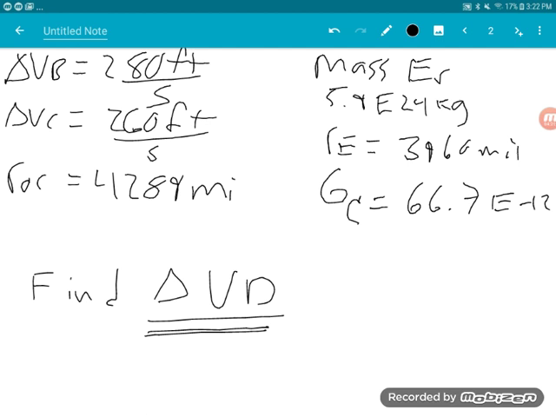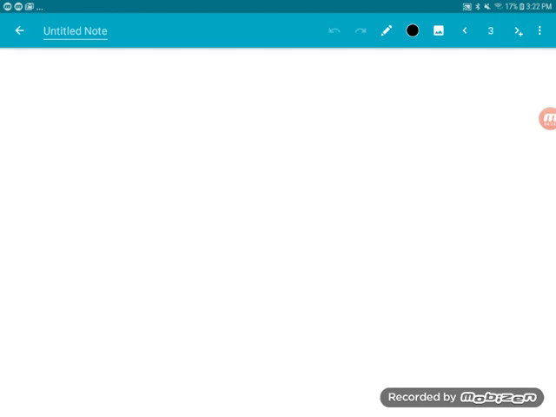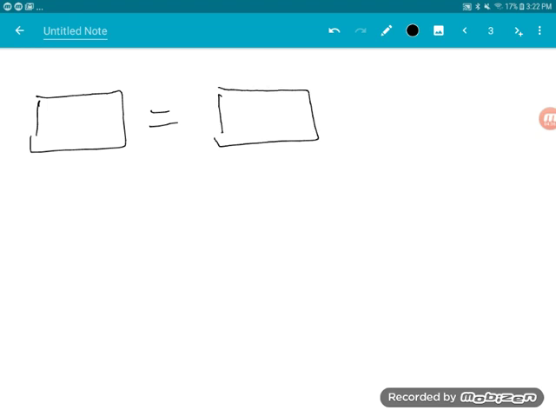First thing we always do, we're looking at the space shuttle. We need to draw a free body diagram. So the sum of the forces is equal to the mass times the acceleration. But let me ask you this question.